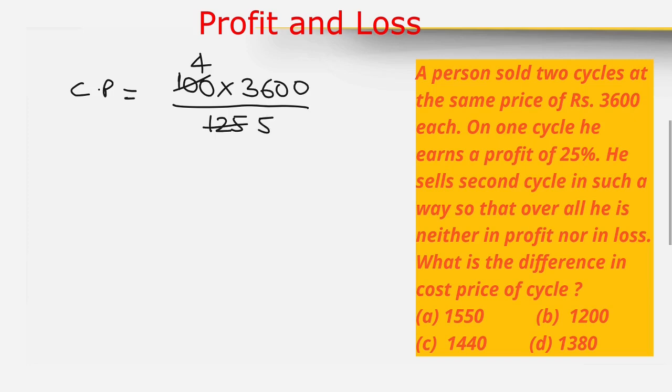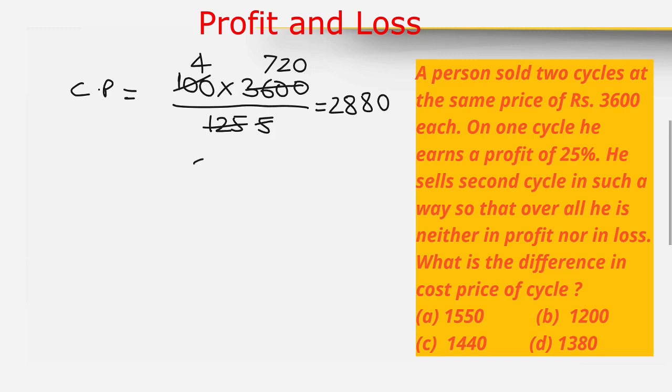And 5 cancels 3,600 for 720 times. 720 multiplied by 4: 7 multiplied by 4 is 28 and 20 multiplied by 4 is 80. So this is 2,880. Thus, when the selling price is 3,600, the cost price is 2,880.